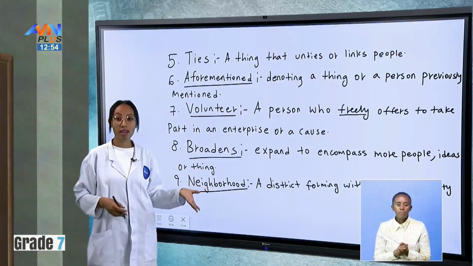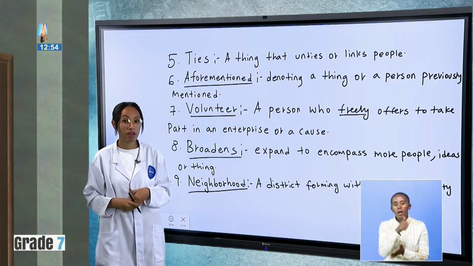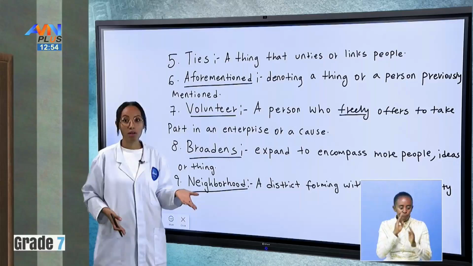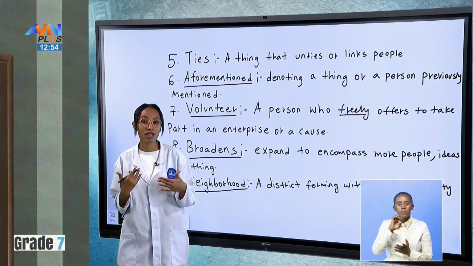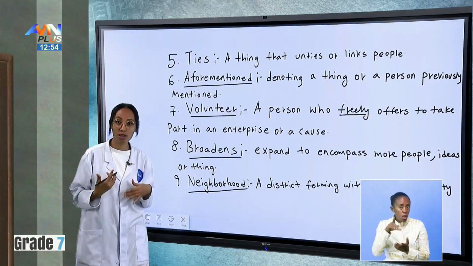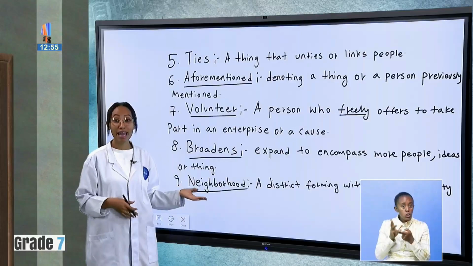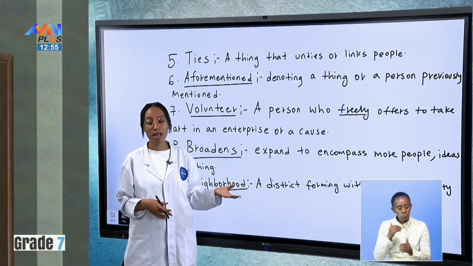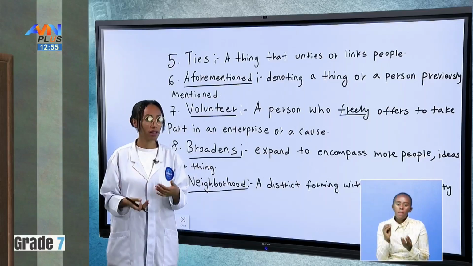So, for example, in Addis Ababa, there are different neighborhoods. For example, neighborhoods like Kazanchis, Arat Kilo, Sidist Kilo. These are the names of the neighborhoods. And there are so many that I have not mentioned.